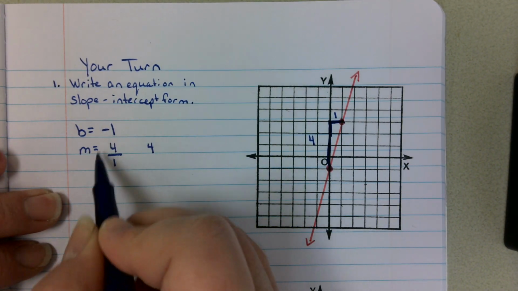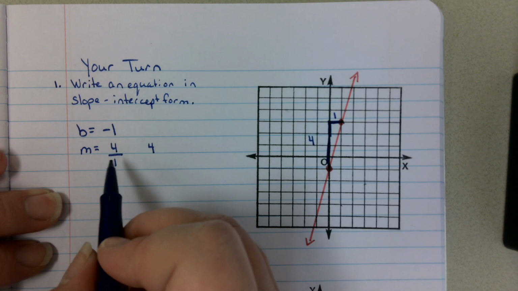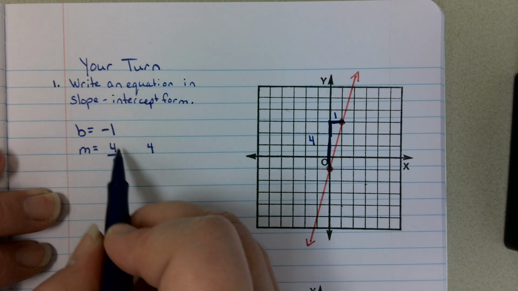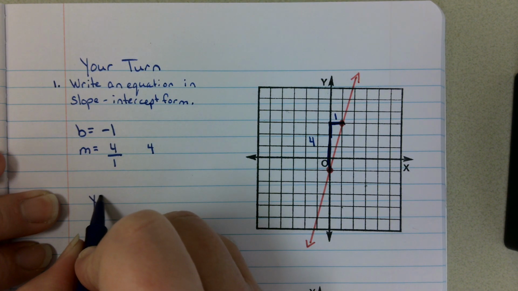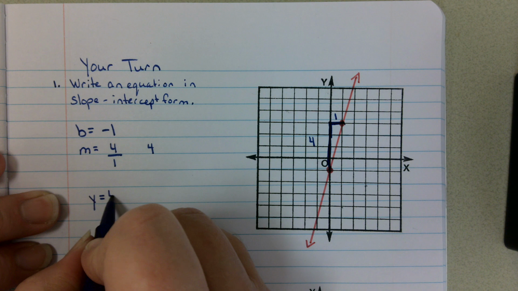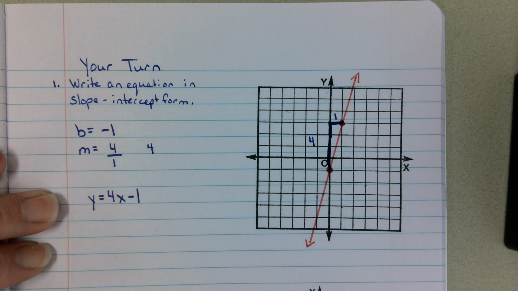Writing that would not have been wrong, it's just redundant. So get in the habit of not writing your fraction when your denominator is 1. I'm going to then put these into my slope-intercept form, y equals 4x minus 1.